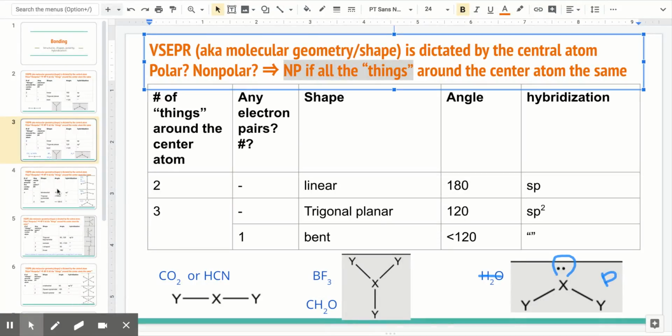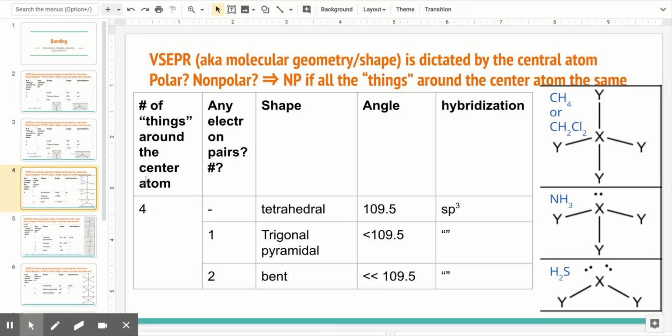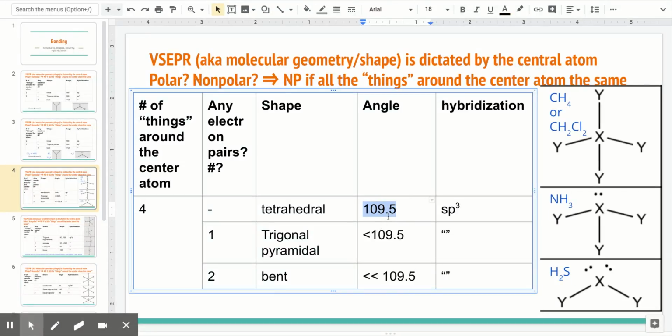Okay, so the next thing, moving on, is if we had 4 things around the center atom. Okay, if you have 4 things and none of them are electron pairs, you would have this kind of configuration. We can see all the atoms, and that's a tetrahedral shape. So for that, our bond angles come out to be 109.5.